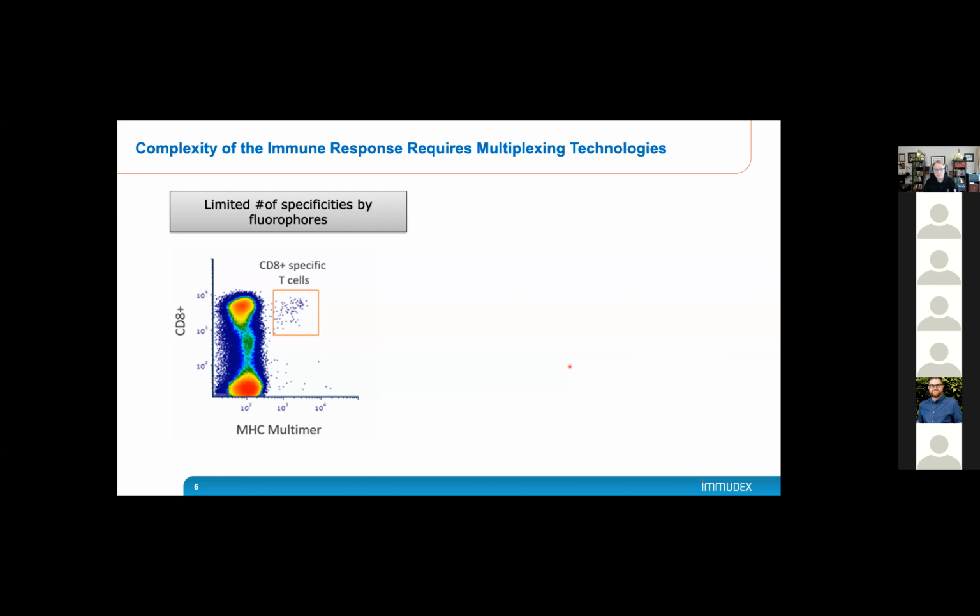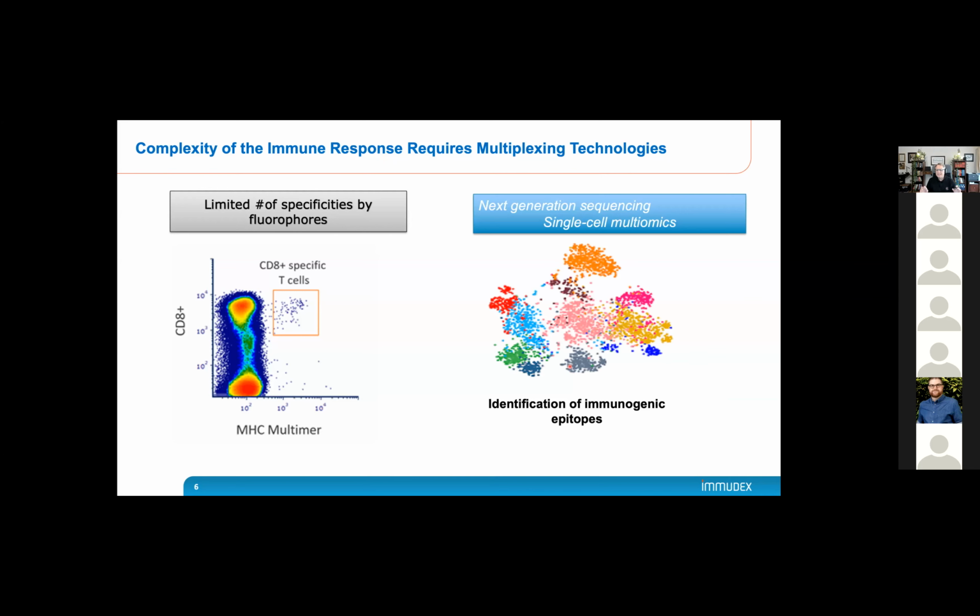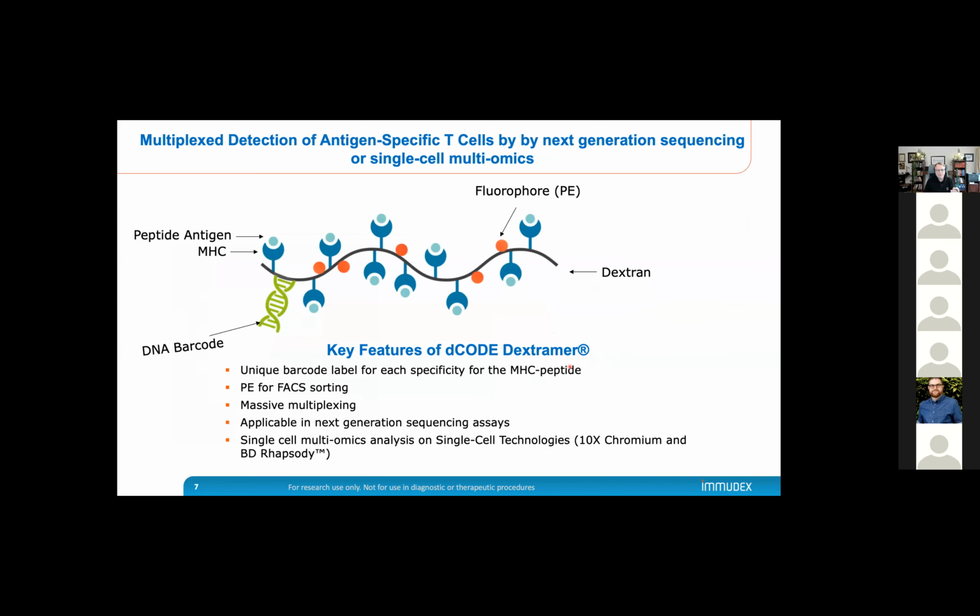So that gives us 40 parameters that you can look at to isolate your cells, to characterize your cells by general flow cytometry. But to look at the overall immune response is going to really require a lot more than 40 parameters. And so we and a whole lot of others now have moved on to DNA barcodes as an additional tag, so to speak, additional label, in addition to fluorochromes, right?